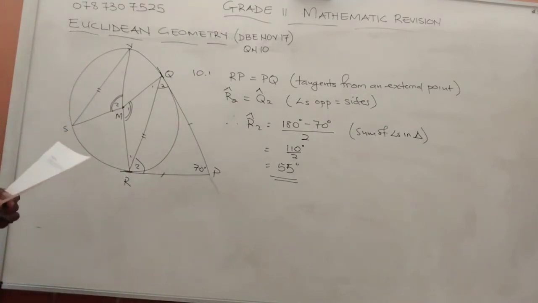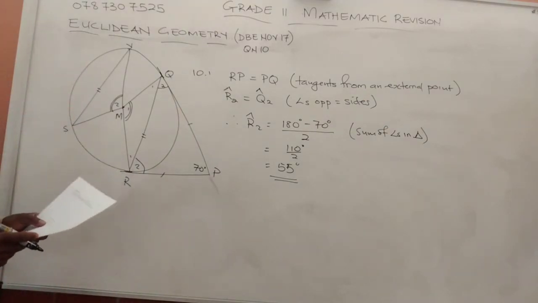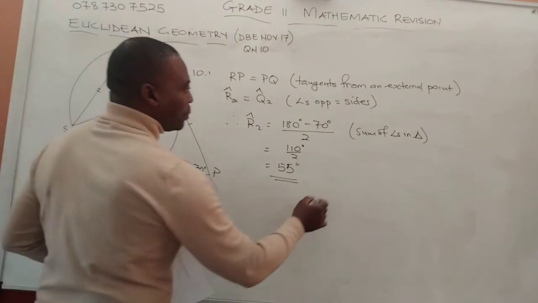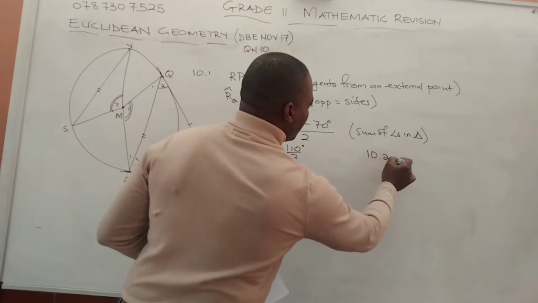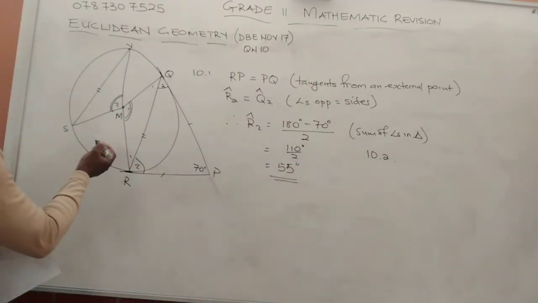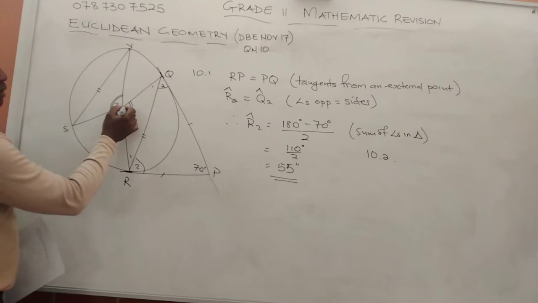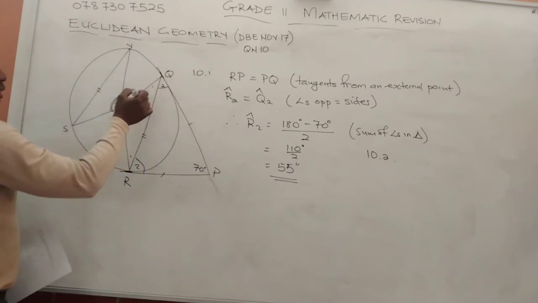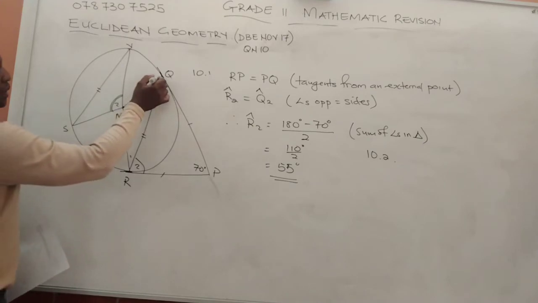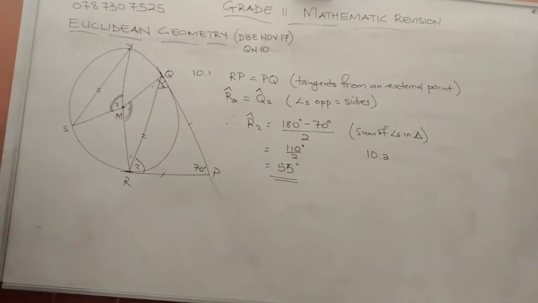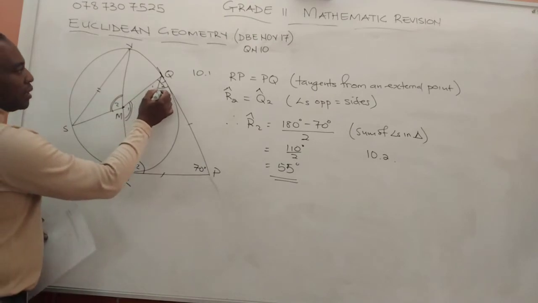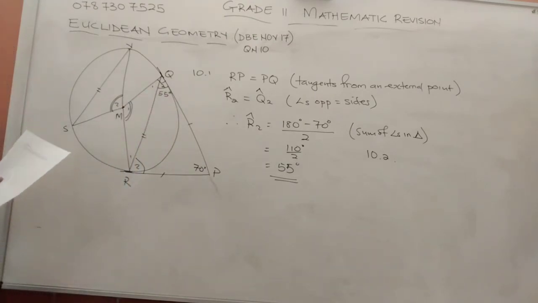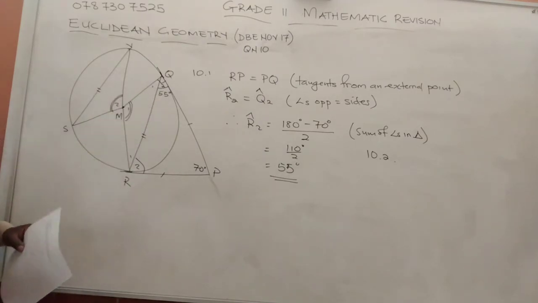10.2. Calculate the size of angle Q1. Now, we know the relationship between a line from the center, which is a radius, and the tangent. Where they have contact, they make a 90-degree angle. So if we are saying Q2 is 55 degrees, then it's easy for us to get angle Q1.